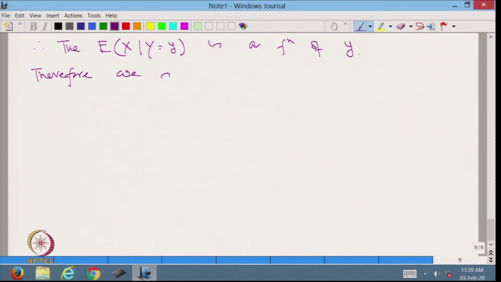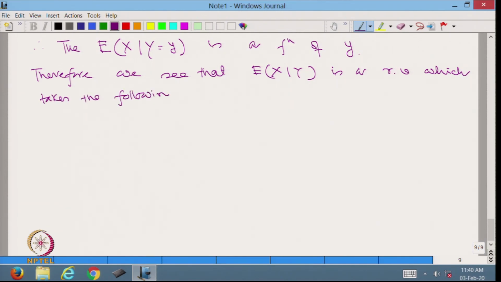Therefore, we see that expected value of x given y is a random variable which takes the following values: 1, 5 by 3, 12 by 5, 22 by 7, 35 by 9 and 51 by 11.